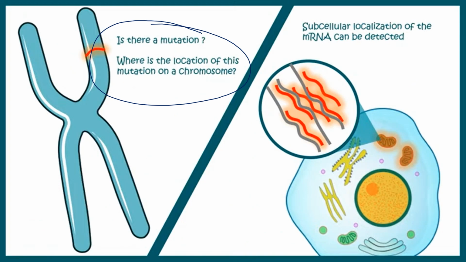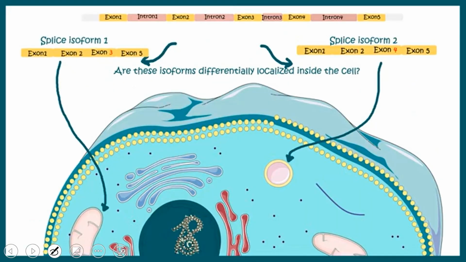FISH can give you the subcellular localization of the RNA. For example, in a cell we have one RNA which has two isoforms, isoform 1 and isoform 2. One isoform is present in the mitochondria, and the other isoform is present in other places like the Golgi body or the peroxisome.